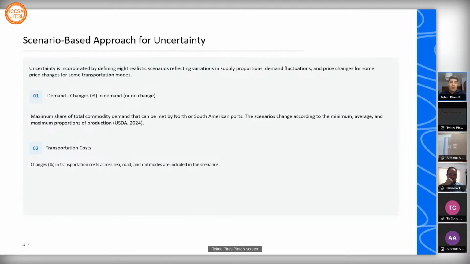First, the scenarios consider different supply proportions from North and South America for soybeans and corn, capturing regional supply variability. Next, the changes in transportation costs are included across multiple modes, sea, road, rail, to account for cost fluctuations in moving this kind of goods.